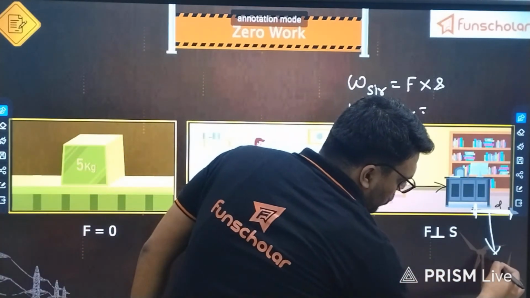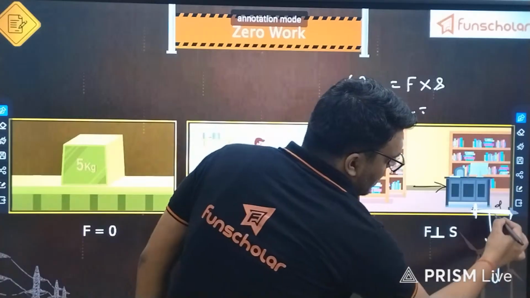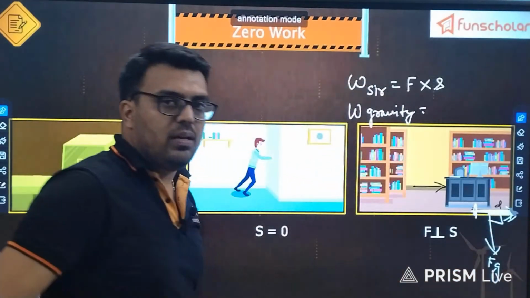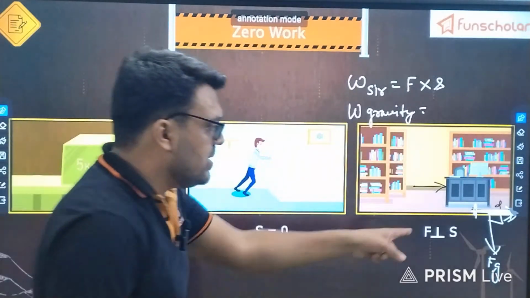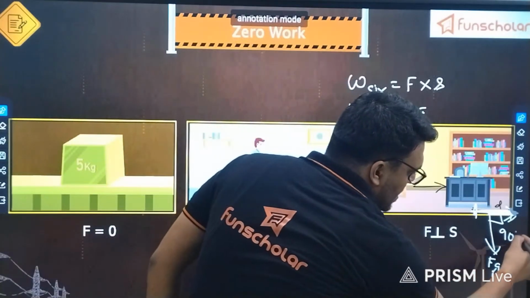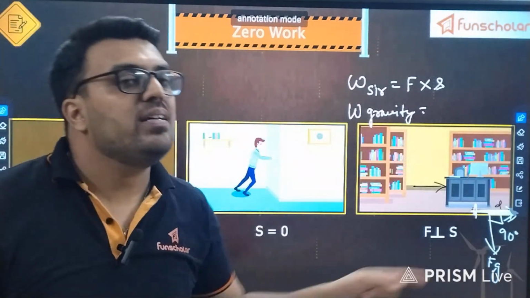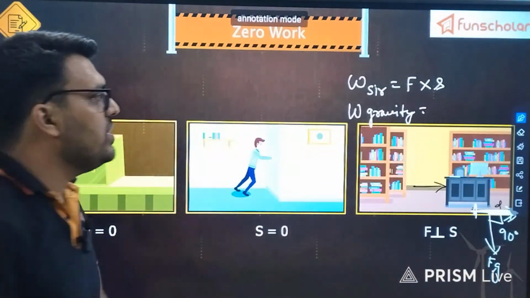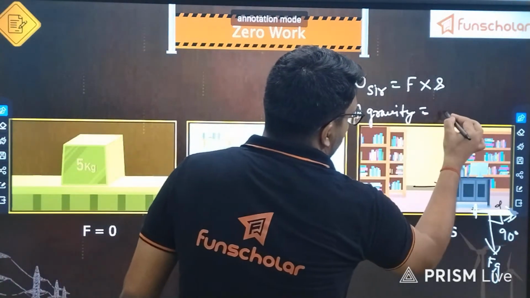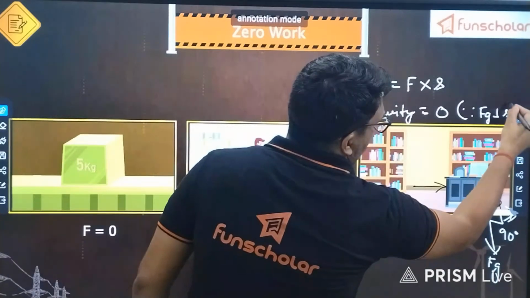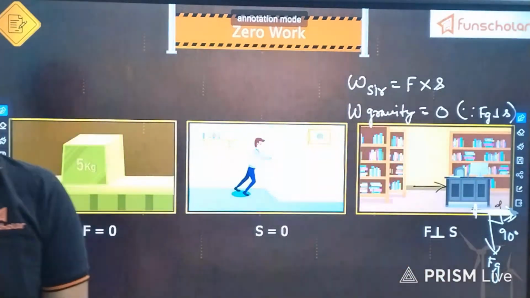Gravity is acting downwards. This is the force of gravity. Displacement is happening in this direction. Are they perpendicular? We'll say yes. It means the angle between the force of gravity and the displacement is 90 degrees. So we will say work done by gravity is 0, since the force of gravity is perpendicular to displacement.